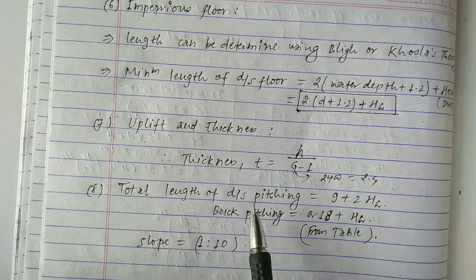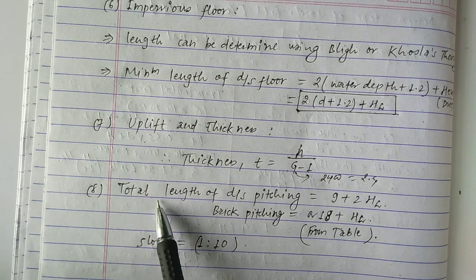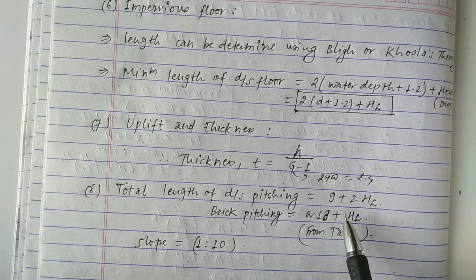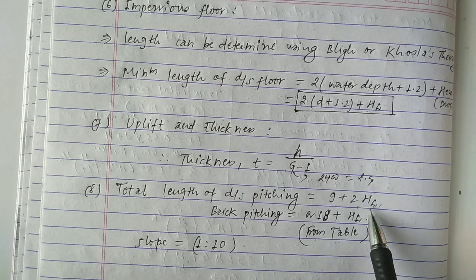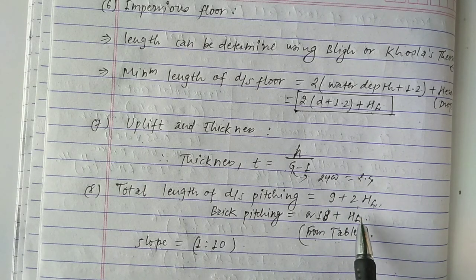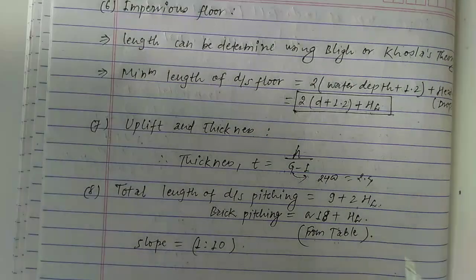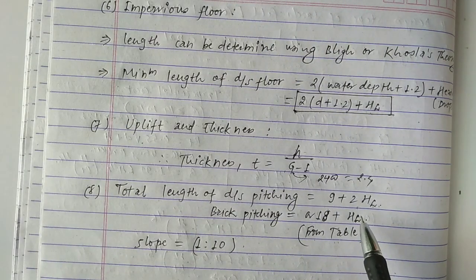After that we have to determine the total length of downstream pitching. In the next step, step number 8, the total length of downstream pitching can be calculated with the help of a table, and generally we prefer 9 plus 2 HL. HL we have already discussed, that is the head difference, and we have already calculated this value.